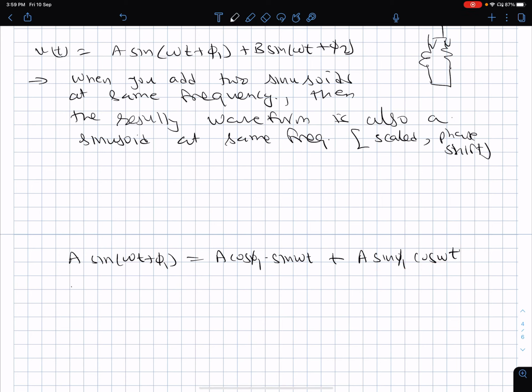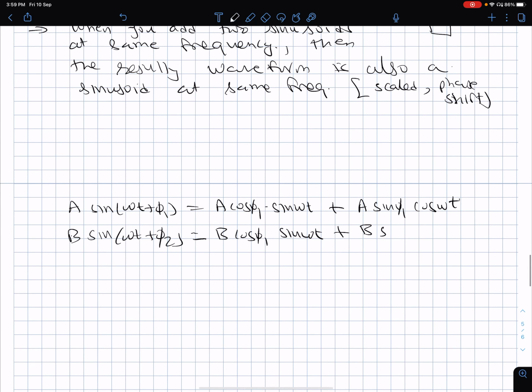Similarly, B sine of omega t plus phi 2 will be B cos phi 2 sine of omega t plus B sine phi 2 cos of omega t.